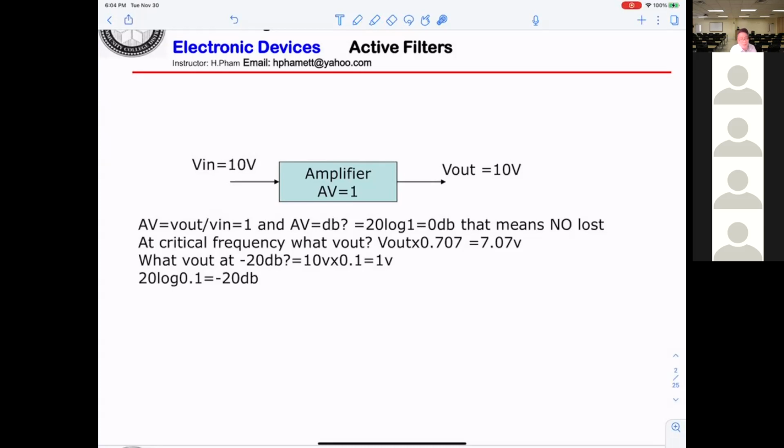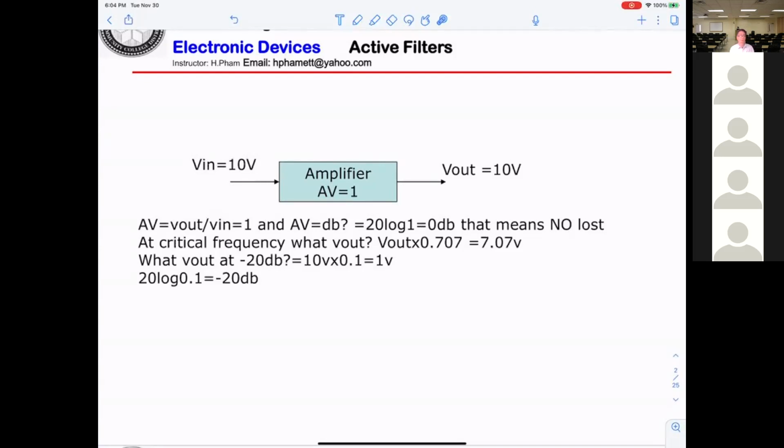When they're talking about minus 3 dB, you cannot do any calculation. In order to get the output value, you have to understand that minus 3 dB is equivalent to 0.707.